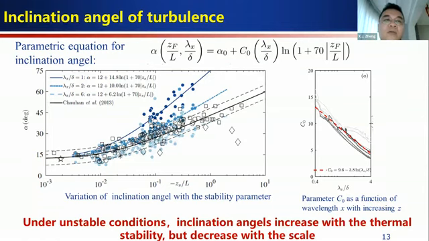The results show that under the unstable conditions, the inclination angle increases with the thermal stability, which is consistent with the existing results. For different scale structures, our data show that the inclination angle decreases with the structure scale. This is a novel result that the inclination angles of turbulence are scale dependent.